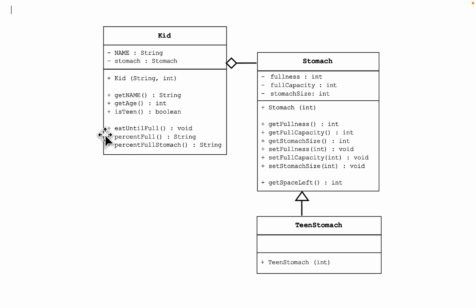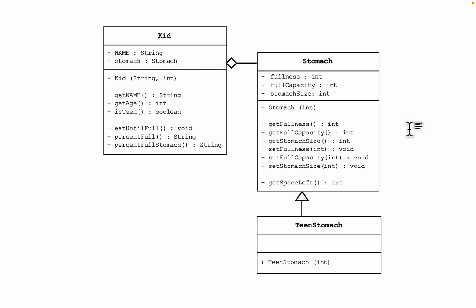And then we have a few other public methods that we created. Within stomach, we actually set several getters and setters. We set the constructor, which required one integer, and we had a few getters: getFullness, getFullCapacity, getStomachSize, all just created by default.